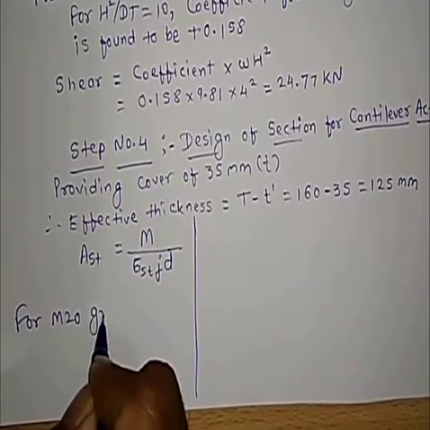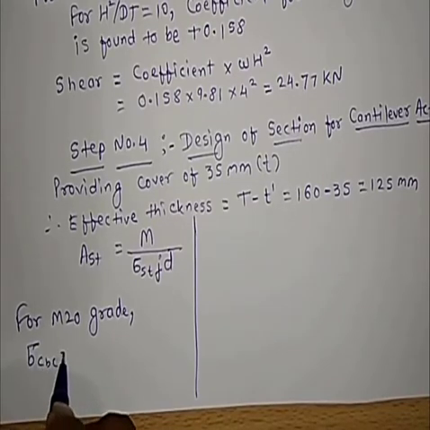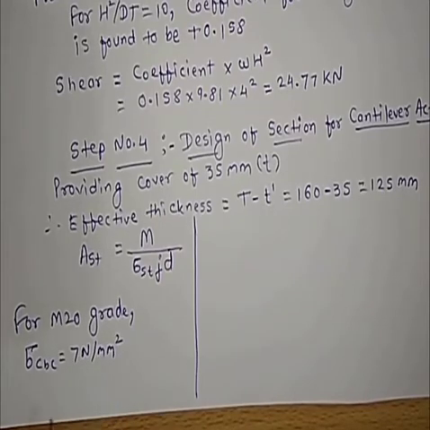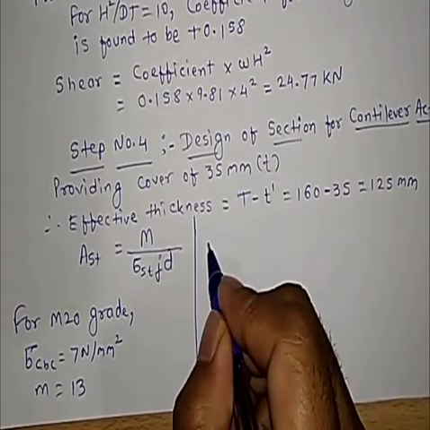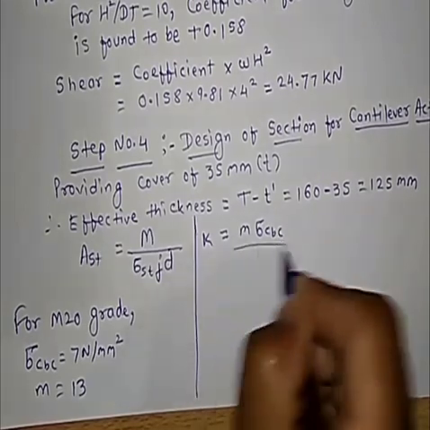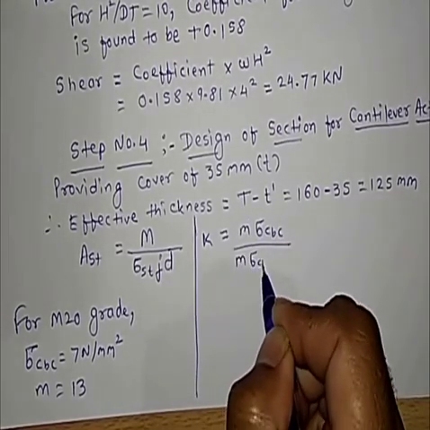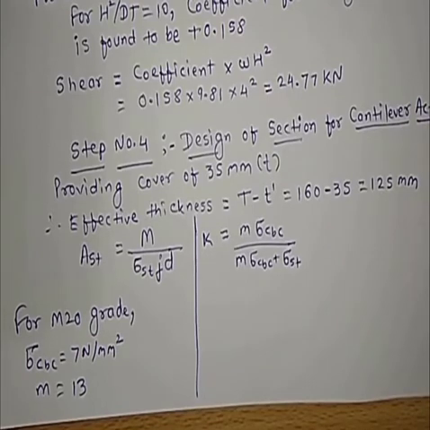For M20 grade, you know that sigma CBC is equal to 7 Newton per mm square, and modular ratio is 13, and from that you can get the neutral axis depth factor, or K. So this K is equal to M into sigma CBC divided by M sigma CBC plus sigma ST. Now this sigma ST is 115 Newton per mm square for M20 grade of the concrete.